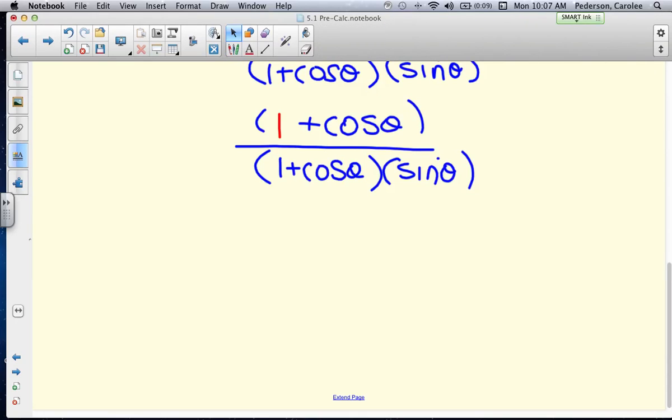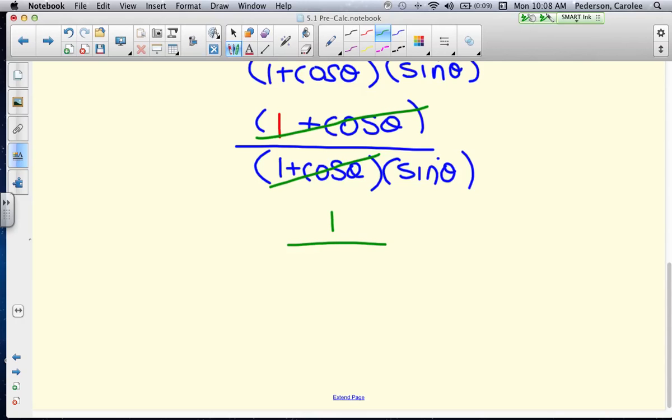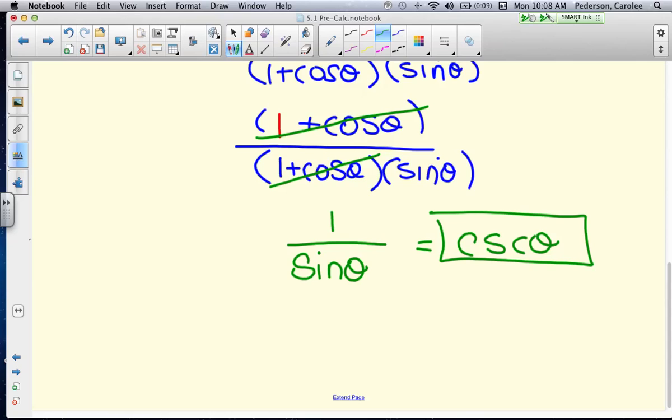Now I can cancel out this entire factor of 1 plus cosine of theta and 1 plus cosine of theta. I'm left with 1 over the sine of theta, which is cosecant of theta in its reduced form.